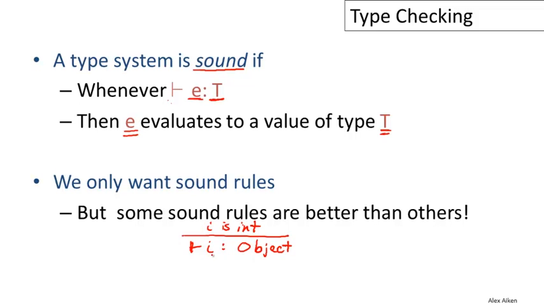Certainly, if I evaluate an integer, I will get back an object, because every integer in COOL is also an object. But this isn't all that useful, because now I can't do any of the integer operations. So there are lots of different sound rules. There's not just one unique sound rule for any given COOL expression, but some of them are better than others. And in the case of integer literals, the one we really want is that an integer literal has type int, because that's the most specific type that we can give to that kind of program.